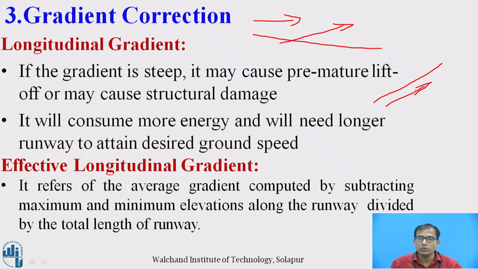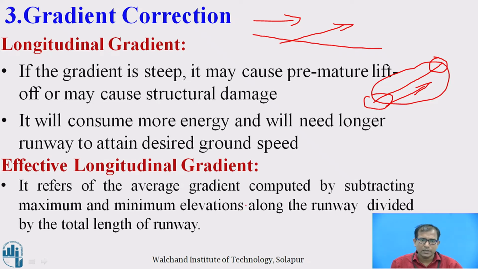Here you are going to see that as the slope is very steep, it will require more energy and a longer runway to attain the desired ground speed. So in this case, a longer runway length is required to go into the air. That is the reason for the gradient, depending upon the elevation of this point and the elevation of this point, which is called the effective gradient.